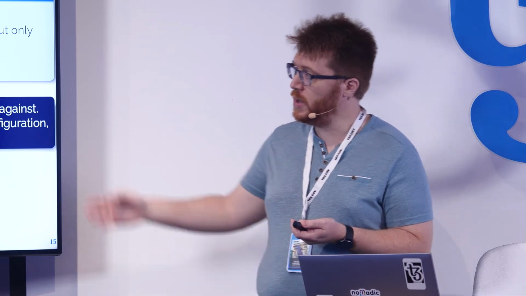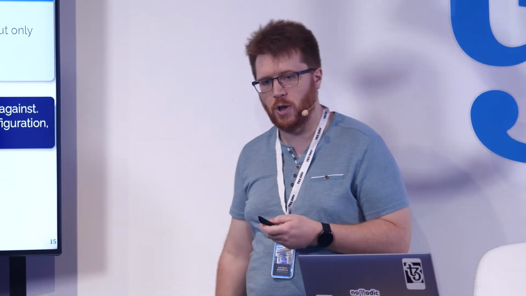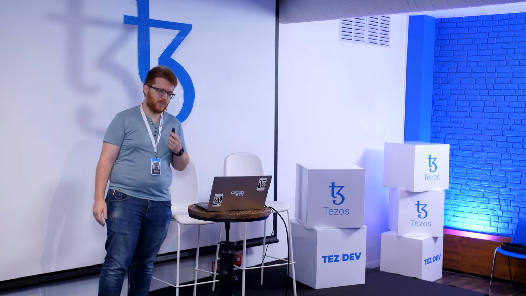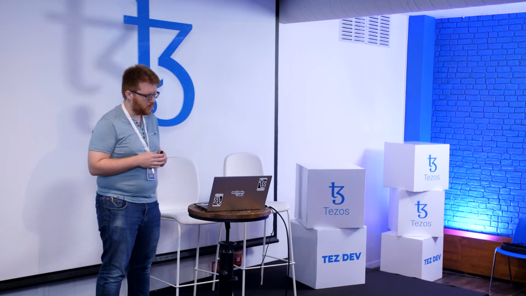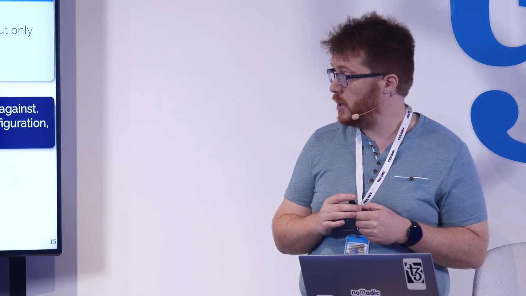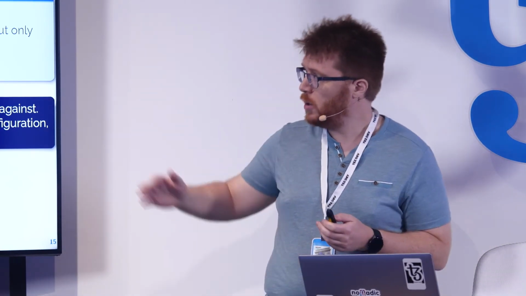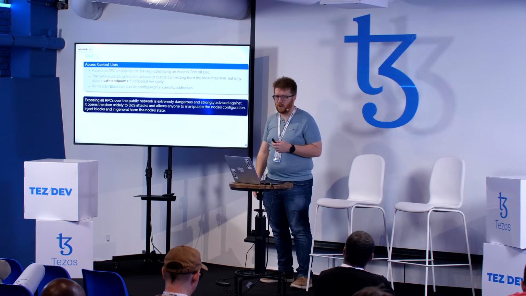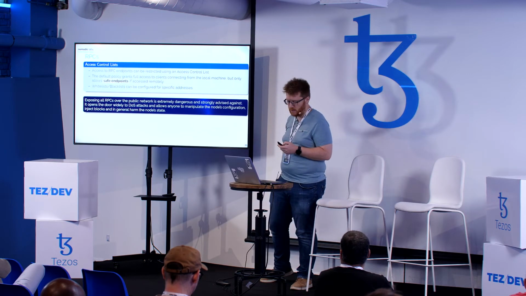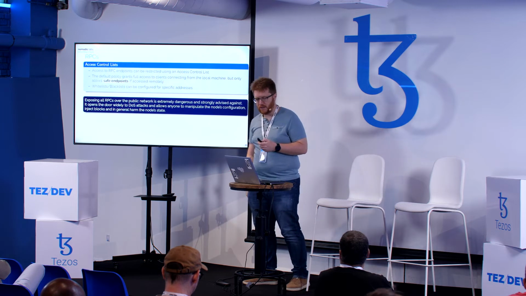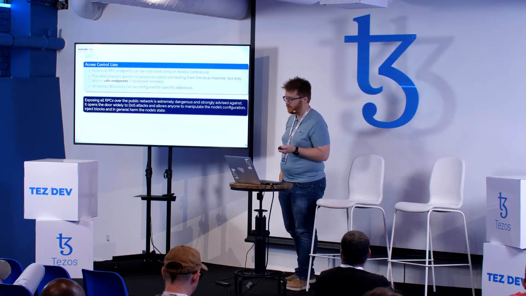Of course, using this, you can also open all your RPCs to the network, and we encourage you to not do that. That's very dangerous. It can put your node in danger of many different attacks. So use the default policy or change it, but be aware this can be dangerous to your node.